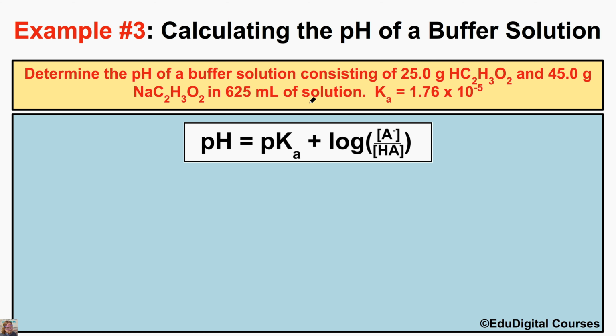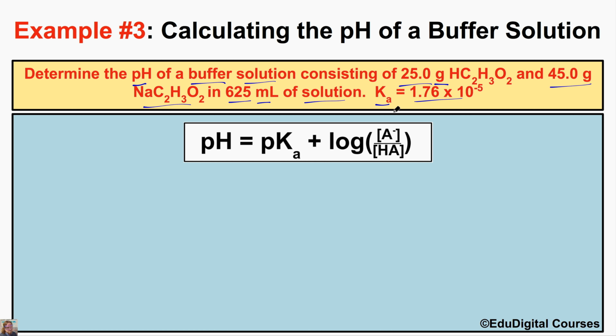In this example, it says to determine the pH of a buffer solution consisting of 25.0 grams of HC2H3O2 and 45.0 grams of NaC2H3O2 in 625 milliliters of solution, and we're given the Ka value of our weak acid. It's 1.76 times 10 to the negative fifth.